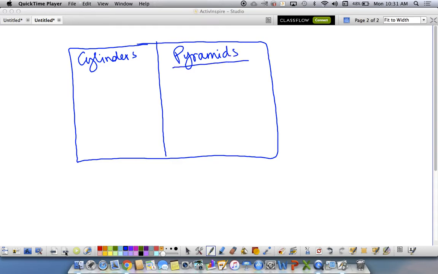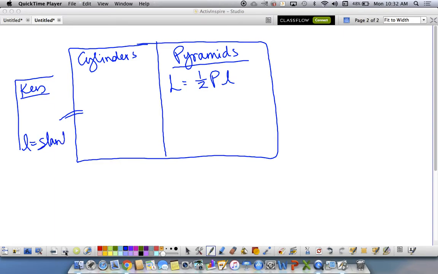Okay? And the lateral area, the L, equals 1/2 P and I put a little cursive L. Since that L is not in our book anywhere, I flip back a page or two, and I get to my key. Okay? And I go down and put that L equals slant height.